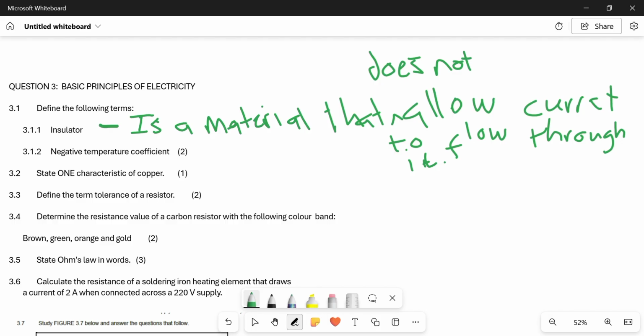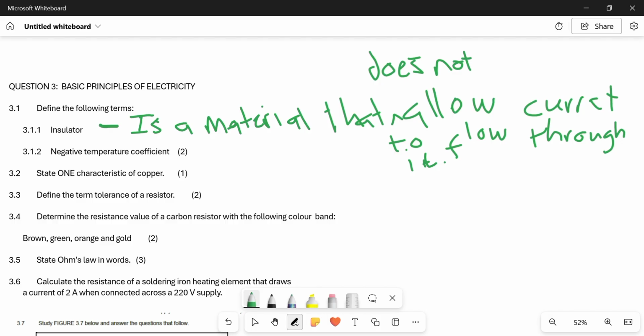So we also come to the negative temperature coefficient. I just realized that I didn't explain this one to you. Temperature coefficient is how much the value of an electrical component, for example a resistor, changes when the temperature changes.